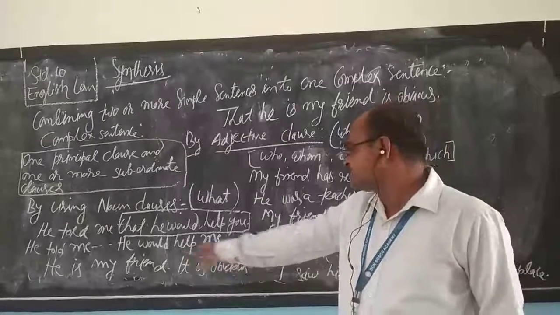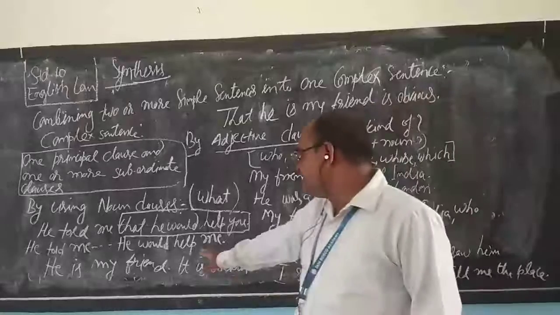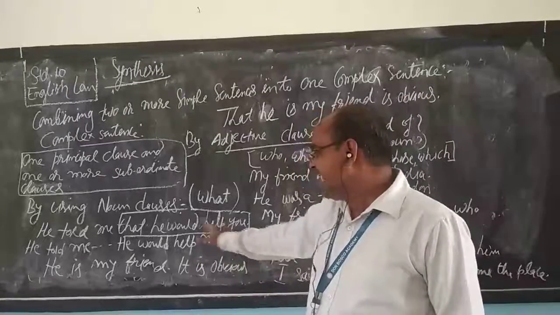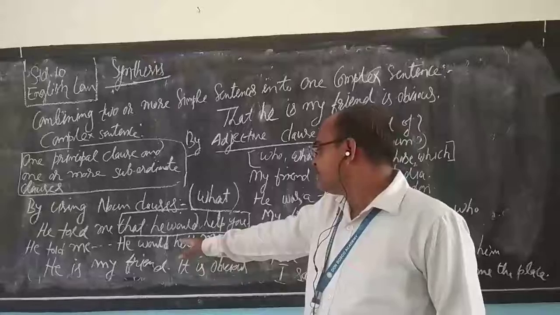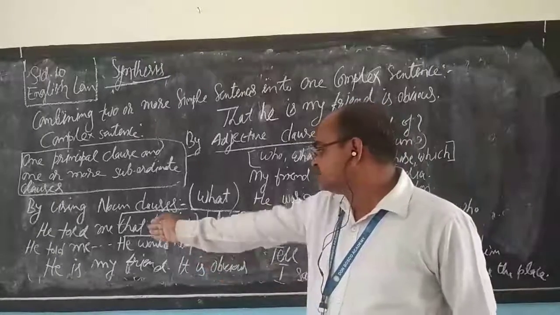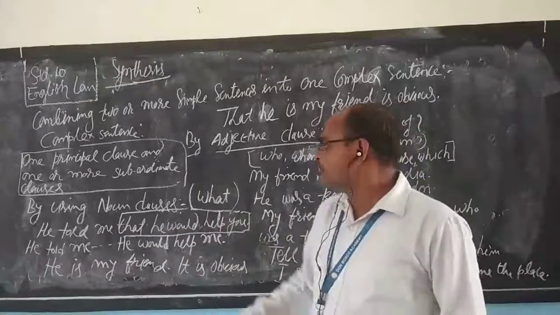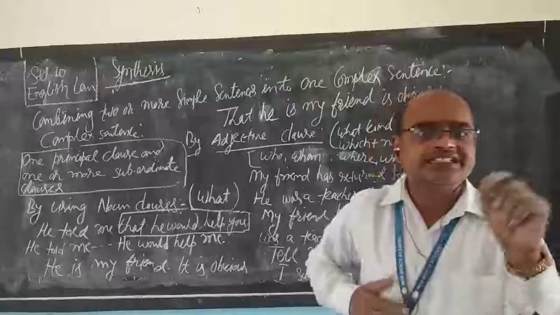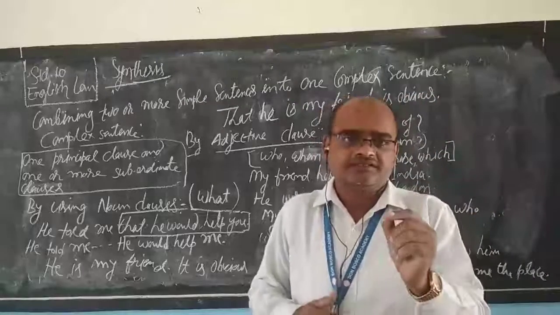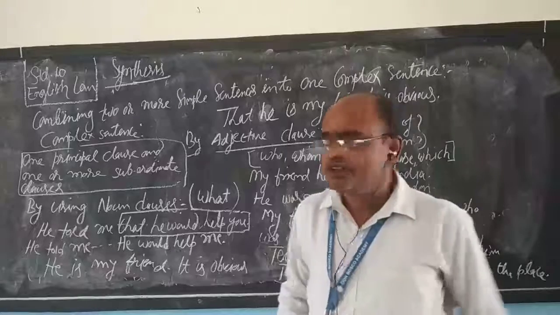If you join the simple sentences into a complex sentence: it is obvious that he is my friend. What is obvious? He is my friend. This is a noun clause. Generally, when you are using a noun clause, the conjunction is that. Sometimes you may use what as well.